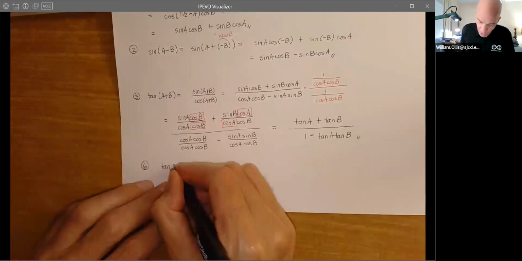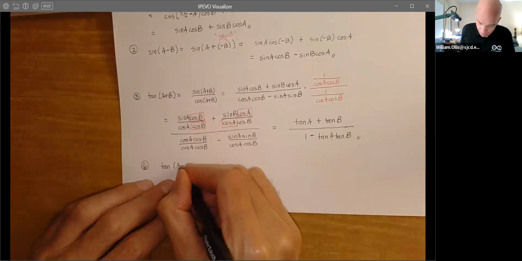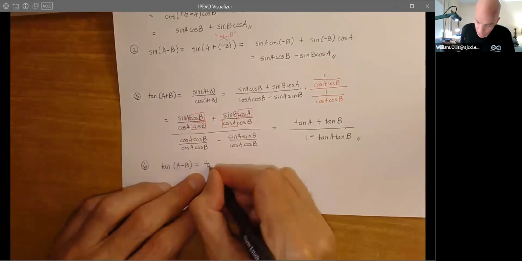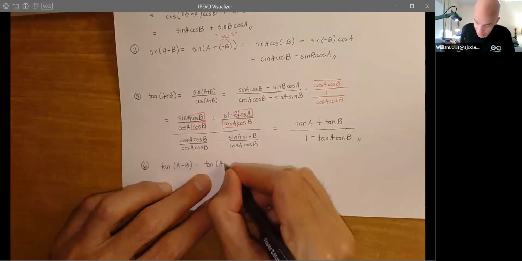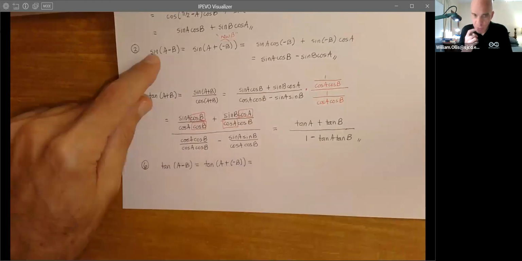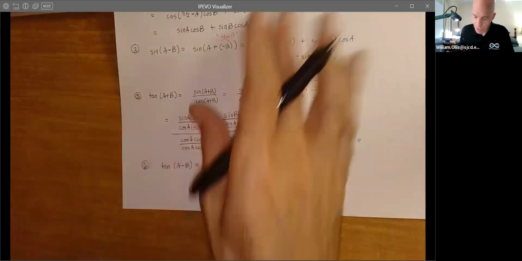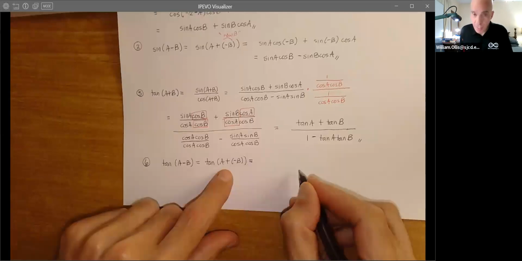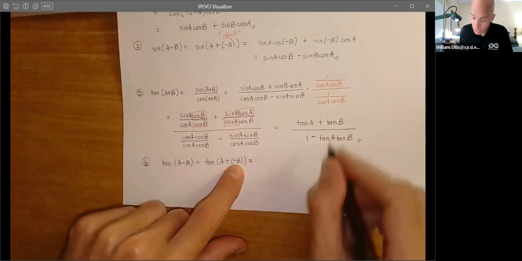Well, let's just go ahead and cheat. A minus B. I'll just go ahead and do it since it's like the other ones. So we get tangent A plus the negative of B. I did it for this one, so I'll go ahead and finish the other one out. So of course, this is the new B, so to speak. So we just use this.